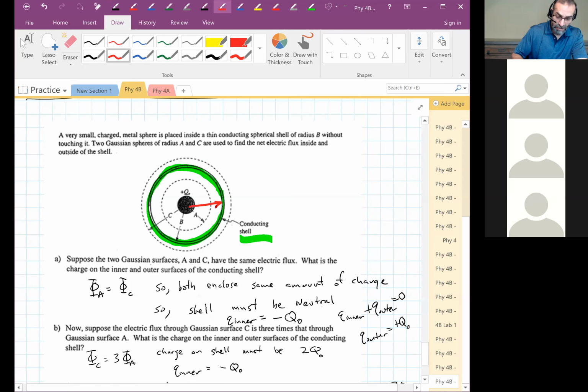That would be the inner radius of the shell, and this would be the outer radius of the shell. The shell is very thin. And then outside of that is C. That's a Gaussian surface outside of the whole thing. Does that help a little bit? The shell is very thin right in here.